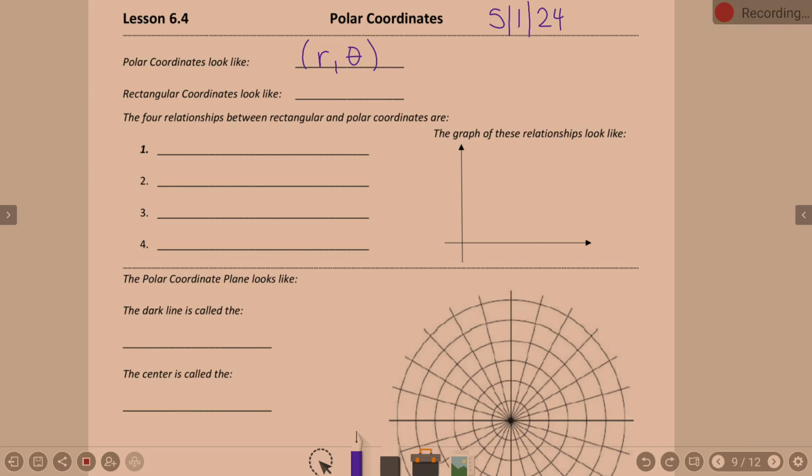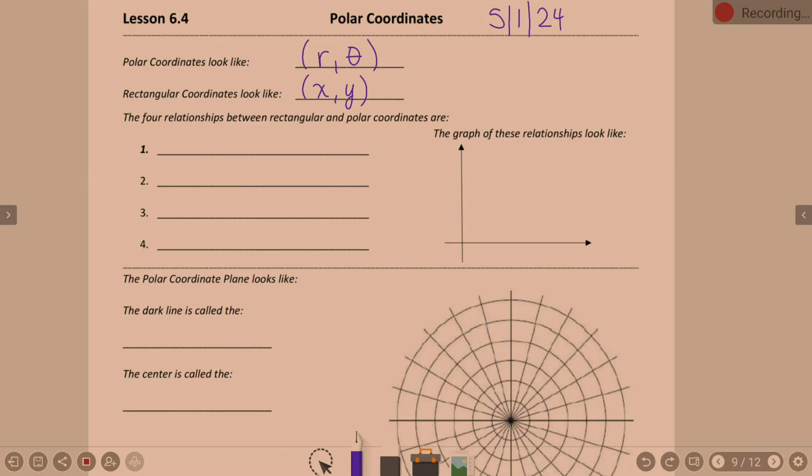Whereas rectangular coordinates, the ones you've been learning since elementary school, are of the form x, comma, y. A big portion of this lesson is how to graph polar coordinates, but also the connection between your rectangular coordinates, x, y, and your polar coordinates, r, theta.